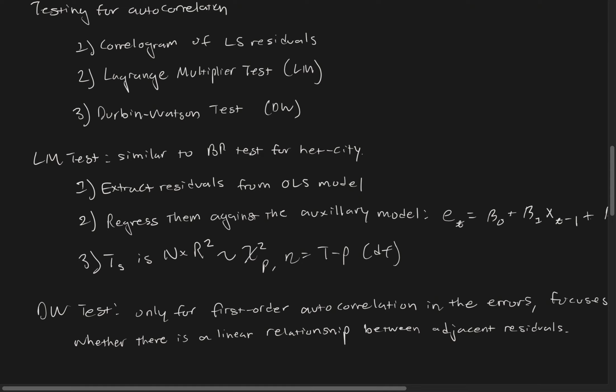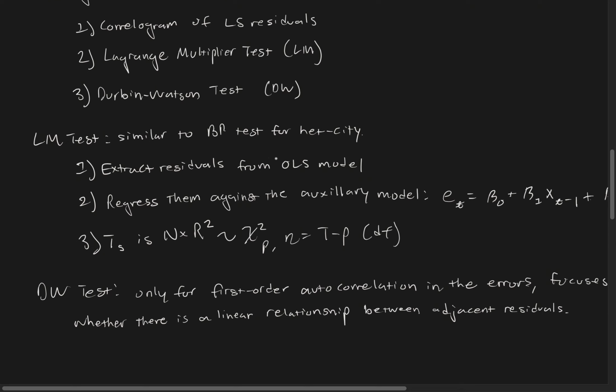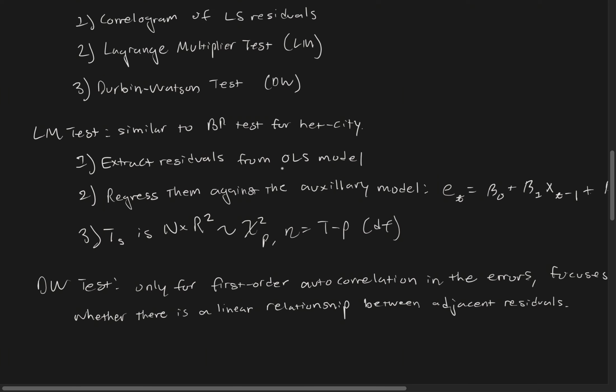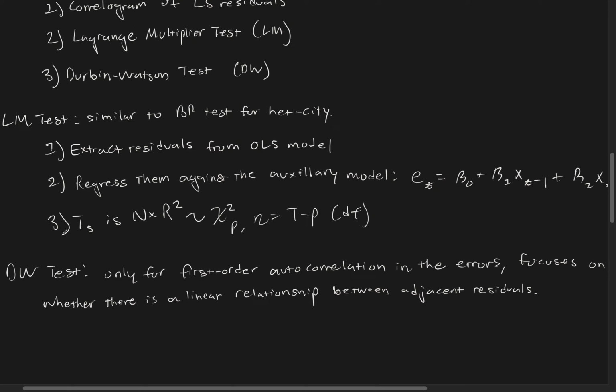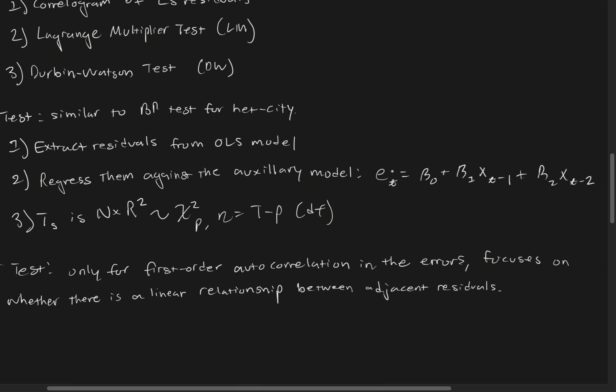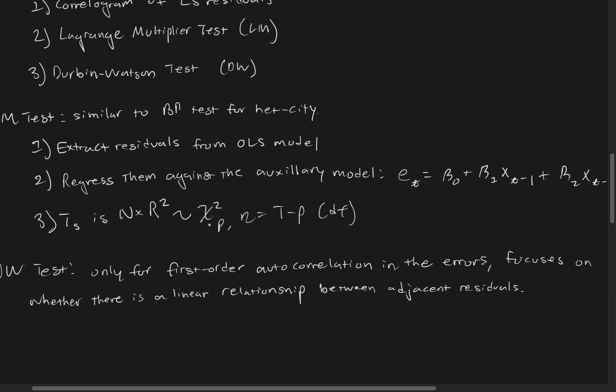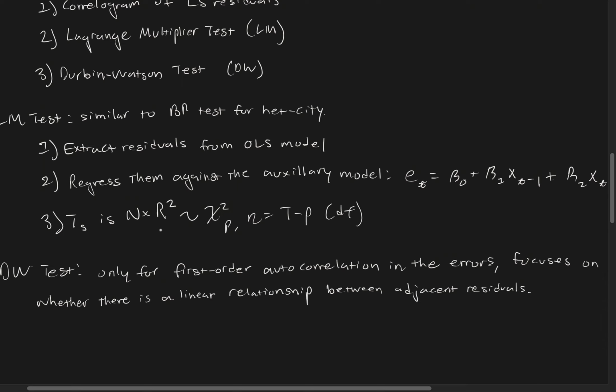Similar to the BP test for heteroscedasticity, we extract the residuals, use the auxiliary model to regress the errors on the other variables, and then obtain the test statistic of n times R squared based on the chi-squared distribution.